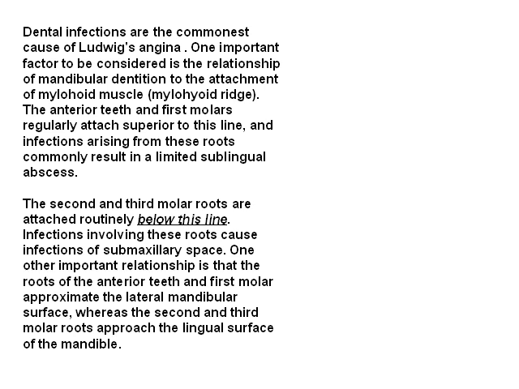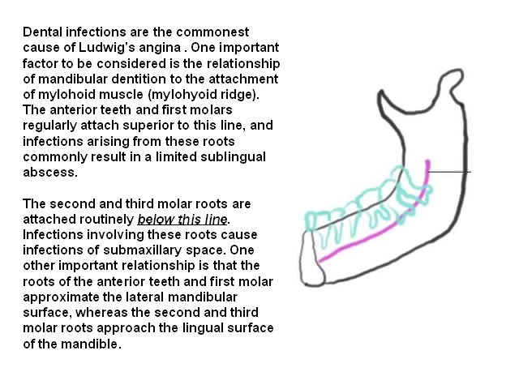One other important relationship is that the roots of the anterior teeth and first molar approximate the lateral mandibular surface, whereas the second and third molar tooth roots approach the lingual surface of the mandible. That shows the mylohyoid ridge, and it is evident here that the roots of the second and third molars are in relationship below the mylohyoid ridge.